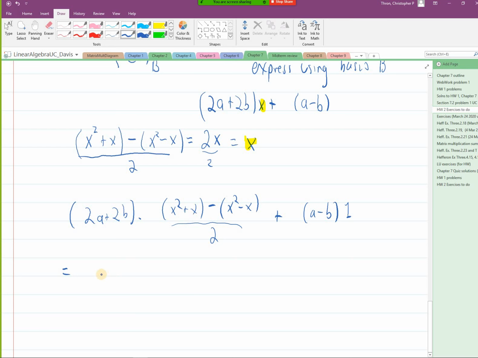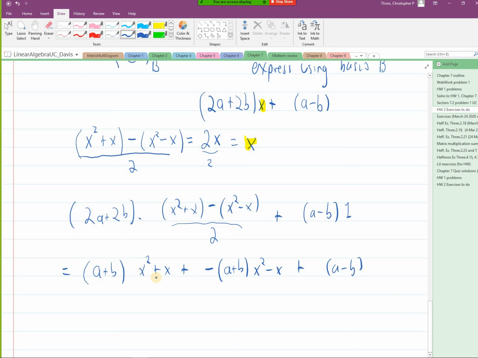And I can further write that as a plus b times x squared plus x, plus negative a plus b times x squared minus x, then plus a minus b.